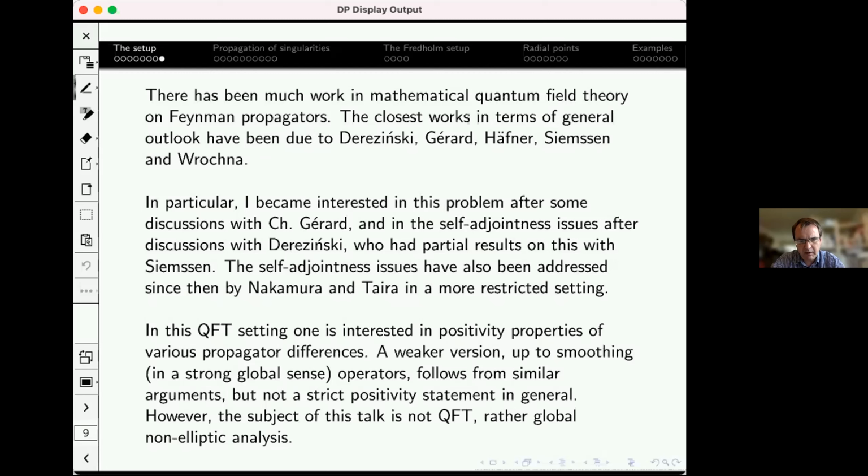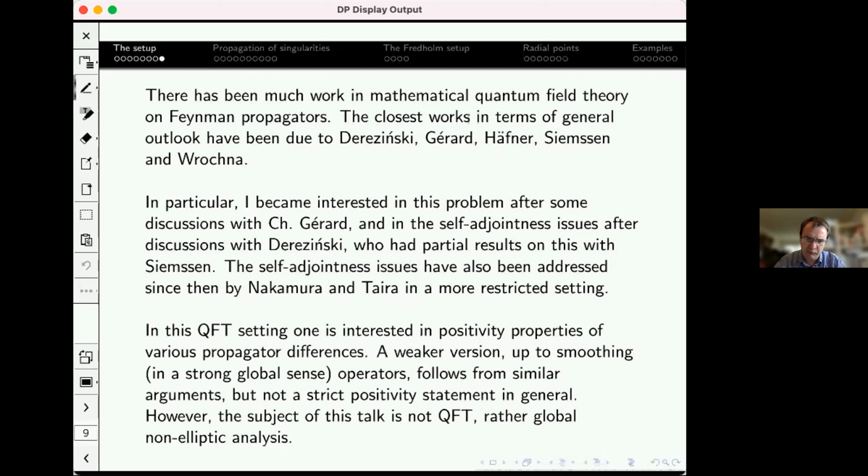Maybe just one more comment about QFT, although I'm not really going to be talking about QFT at all. Everyone is definitely interested in positivity properties of various propagator differences, and not really the extreme ones. The extreme ones, the Feynman and the anti-Feynman, and the positivity of their difference, with the correct order and the correct i in front, is related to the spectral measure being a positive measure. But one really is also interested in, say, the differences between one of the others, like the advanced or retarded propagator, and the Feynman propagator.